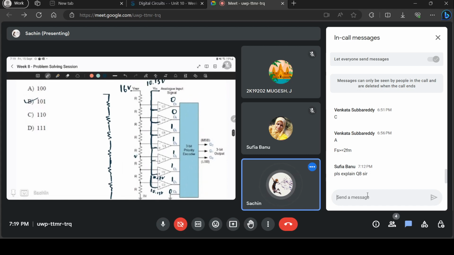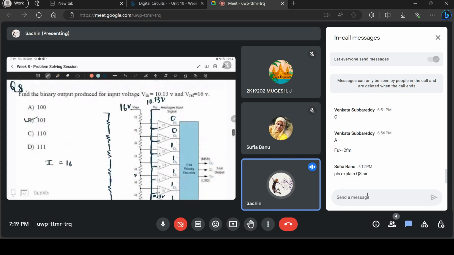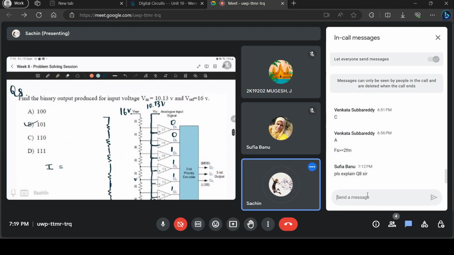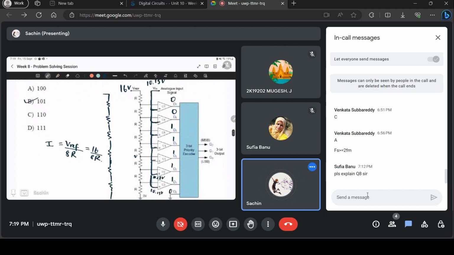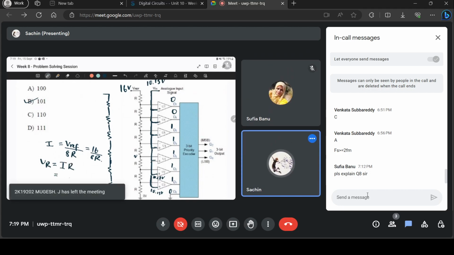Since there are 8 resistors here, the current will be V reference divided by 8R, just 16 by 8R, and this current flows through each of the resistors. So the voltage drop across each resistor is I into R, that is 16 by 8R into R, which is nothing but 2 volts. So 2 volts will drop across each resistor.